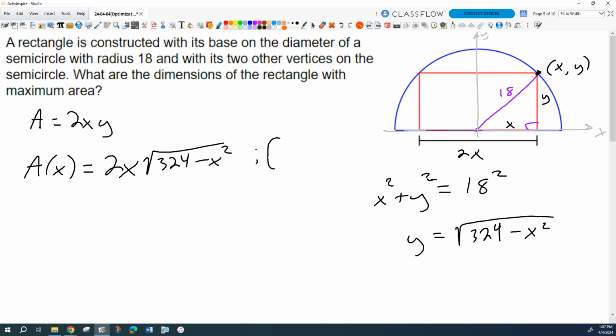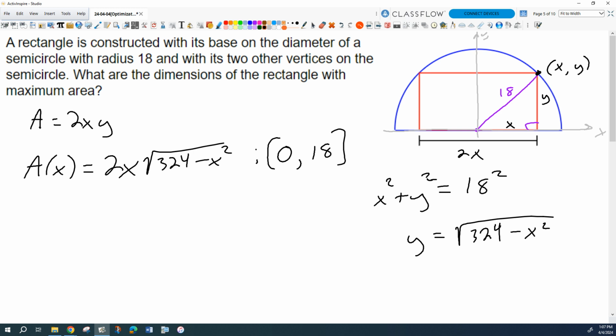So when the width is 0, the height is 18. What's the biggest that x could be? 18, yeah, in which case the height goes to 0. So there's our domain. And now I would just differentiate that thing and make my table and go to town.